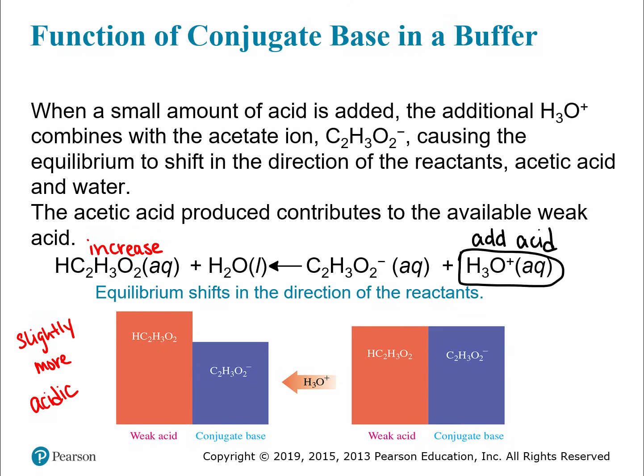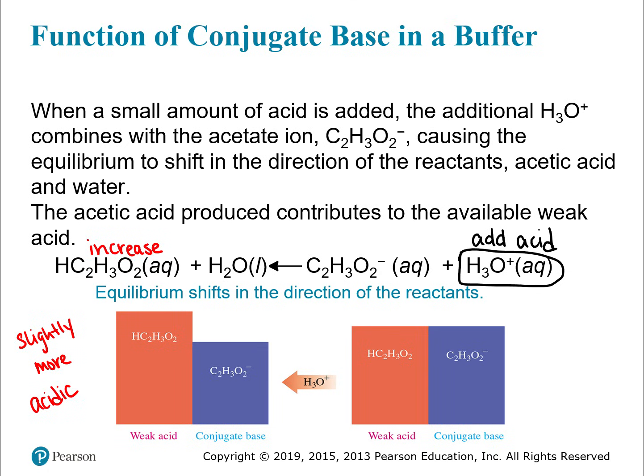And this is in comparison, again, to pure water, where the pH would be all over the place. If you add just a little drop of acid, you go from pH 7 to pH 4. And that's a big change. Here, if you're at pH 7 or so, you add a little bit of acid, maybe it's 6.9.